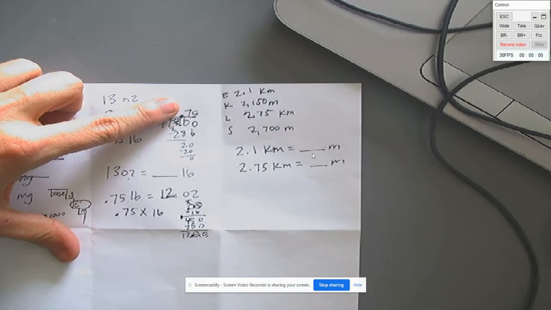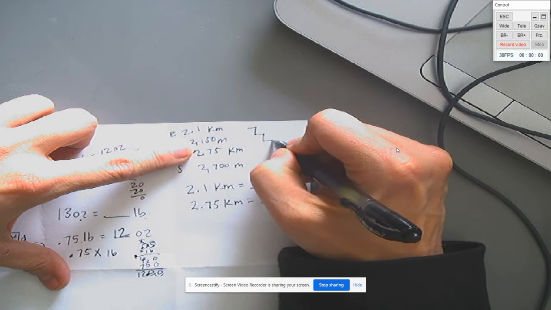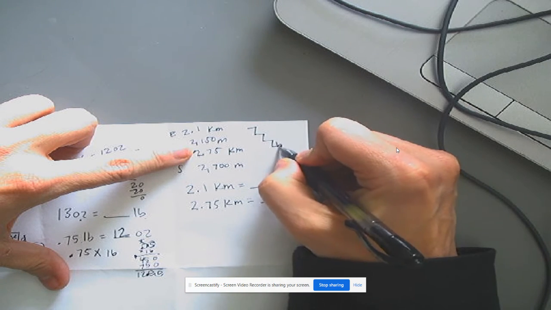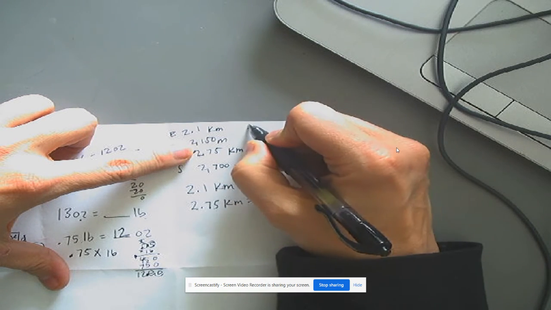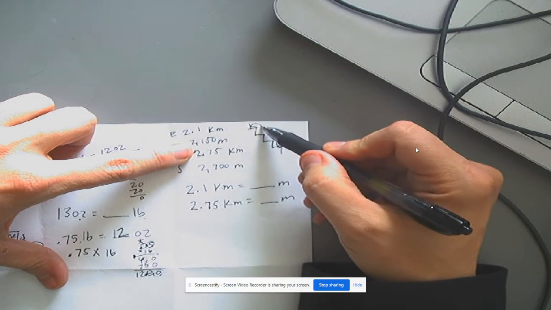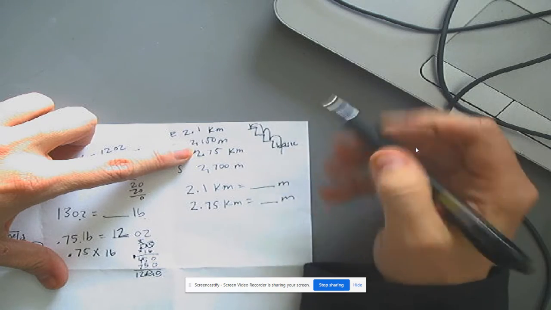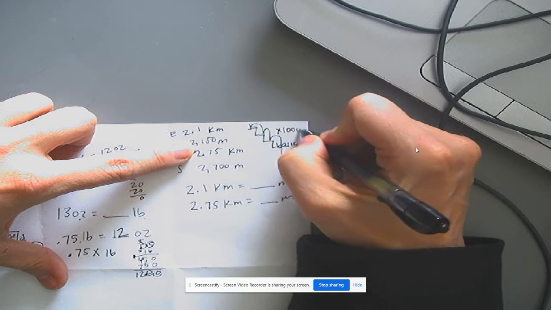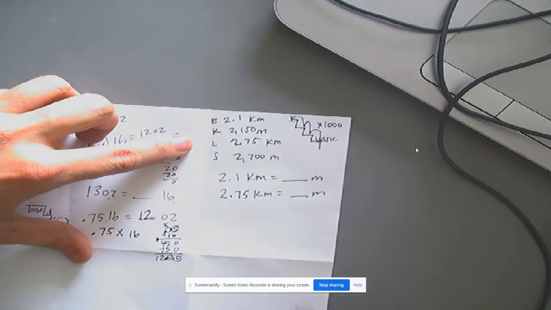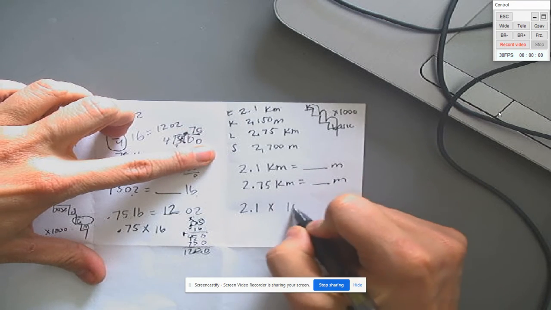Okay, so we know that with our steps, we've got King Henry died by. And our by is our basic unit, and king is there. So what are we going to multiply by? 10 times 10, 1, 2, 3. So we're going to multiply by 1,000. So what do I do to multiply 2.1 times 1,000?